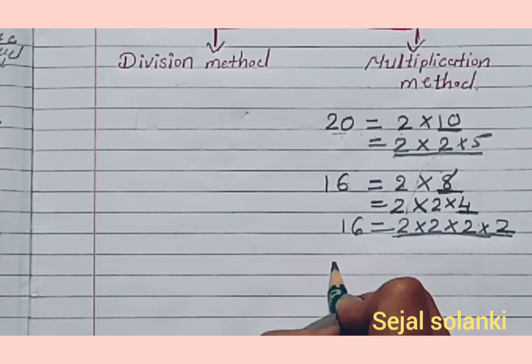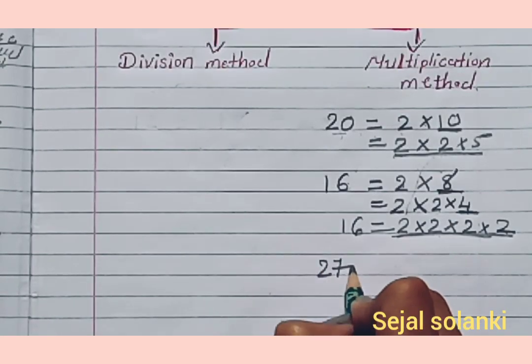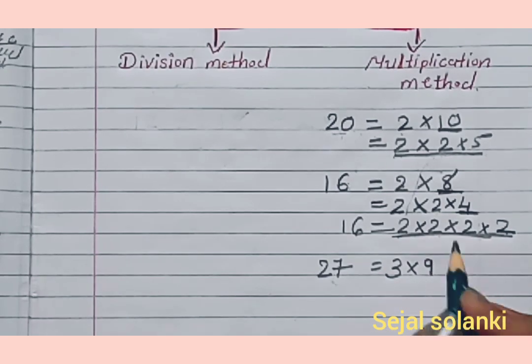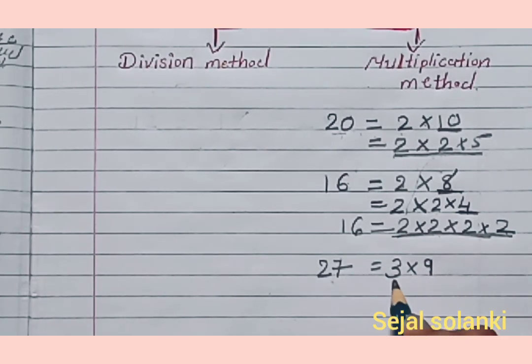Let's take another number, 27. Now for 27 we will check whether it is even or odd. It is an odd number, so it cannot be divided by 2, but it can be divided by 3. It is a smaller number, so easily we can guess 3 nines are 27. 3 nines are 27.